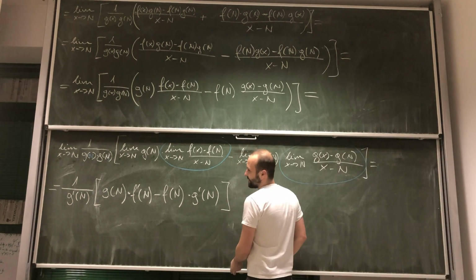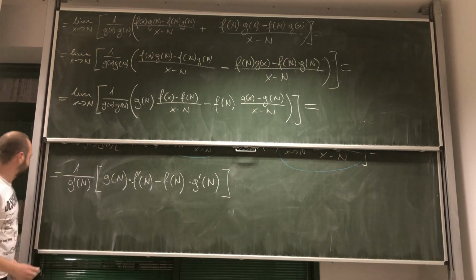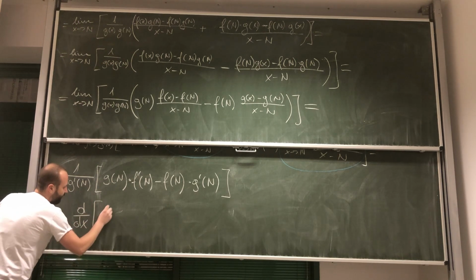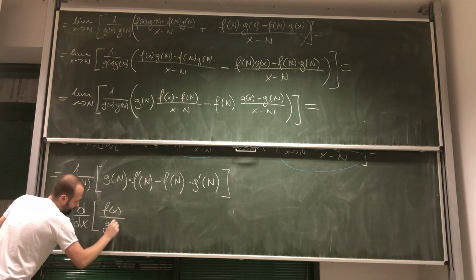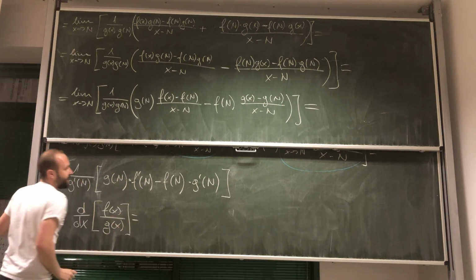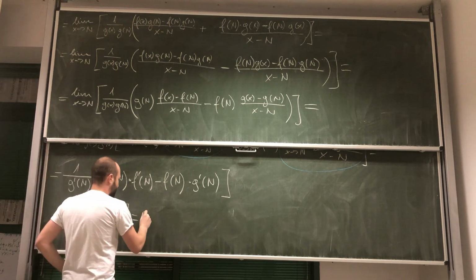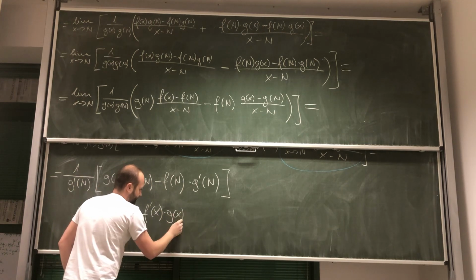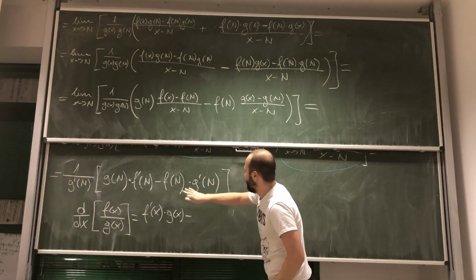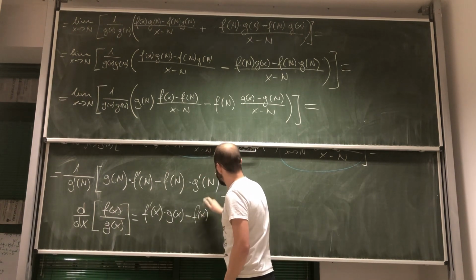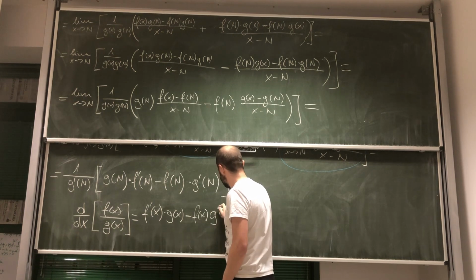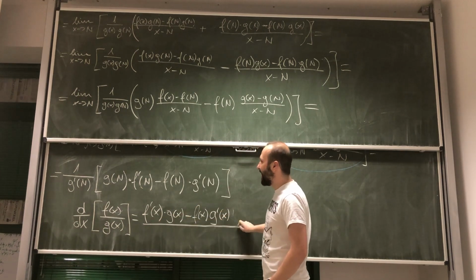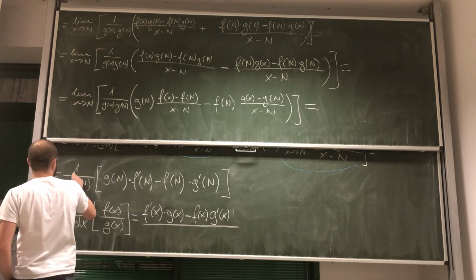So what does the quotient rule say? If you want to find a derivative of a quotient of two functions, it's given by the derivative of the first function times the second function, minus the first function times the derivative of the second function, divided by g squared of x.